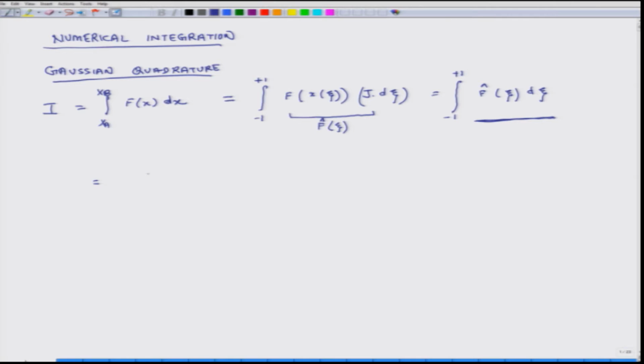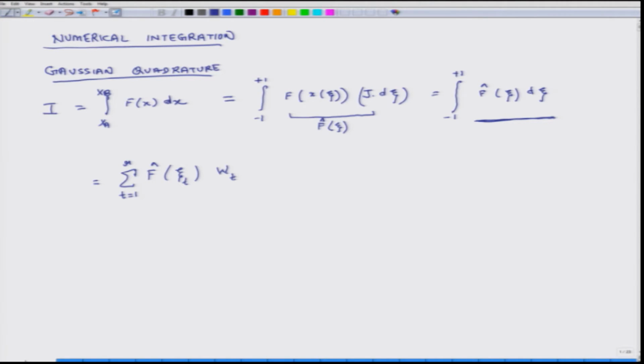So, this equals the sum of f hat(zeta t) multiplied by a weight w t, and this index is moving from 1 to r.